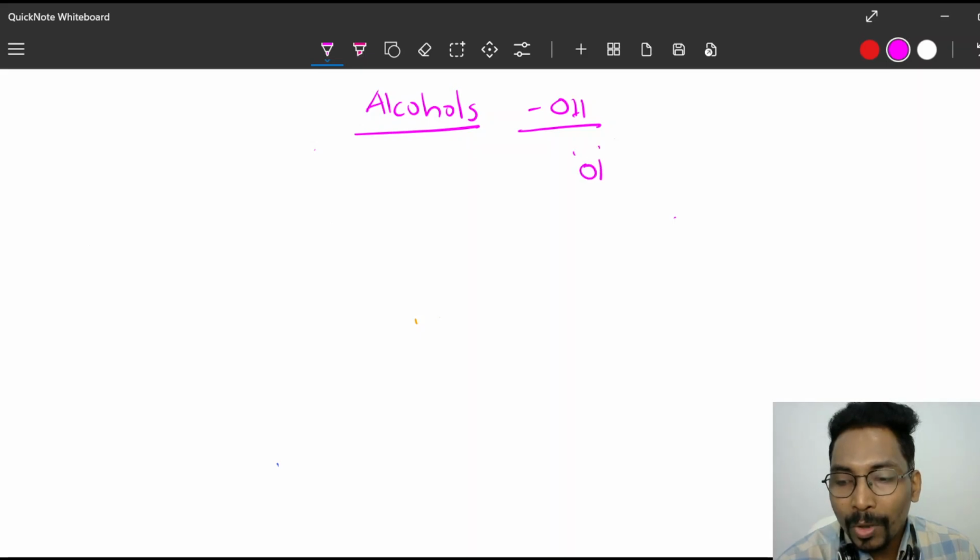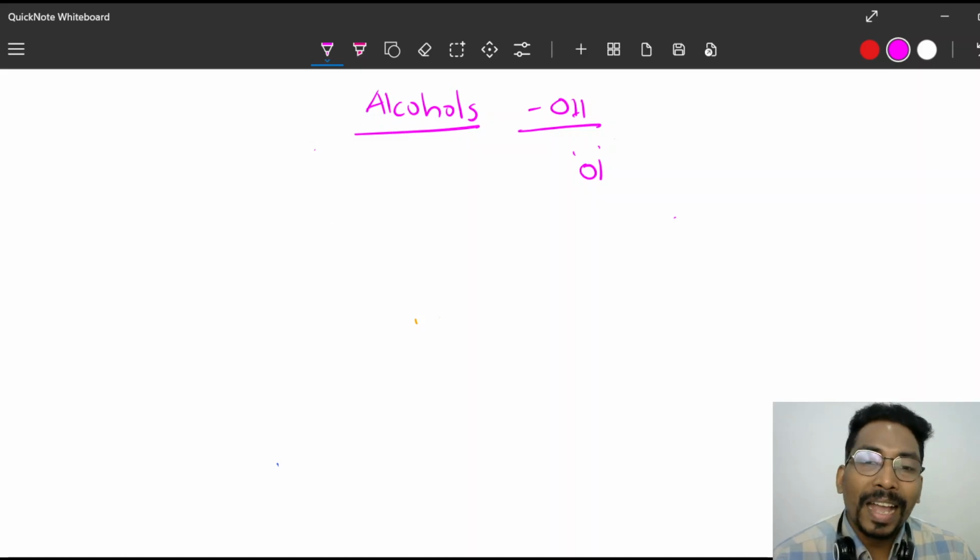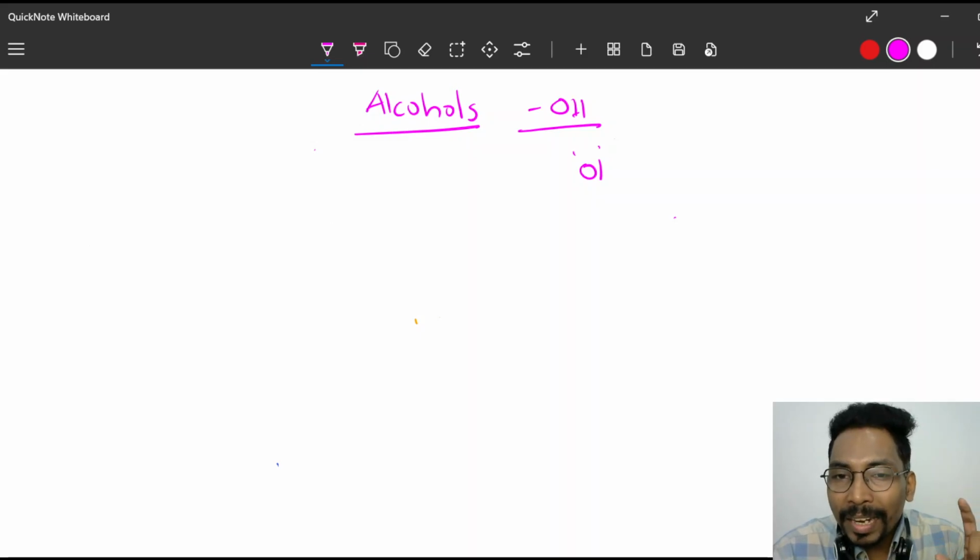This is the suffix added. If you check the name of any alcohol, it will end with ol: methanol, propanol, hexanol, like that.